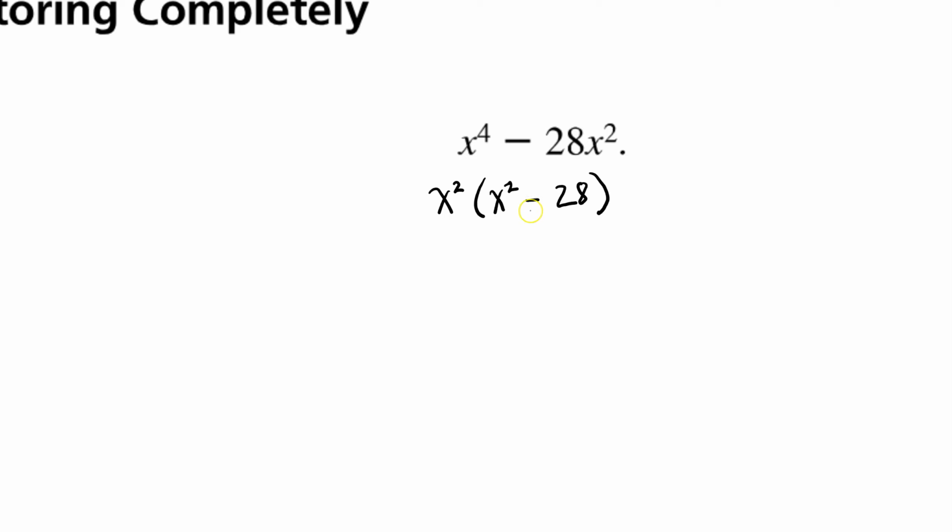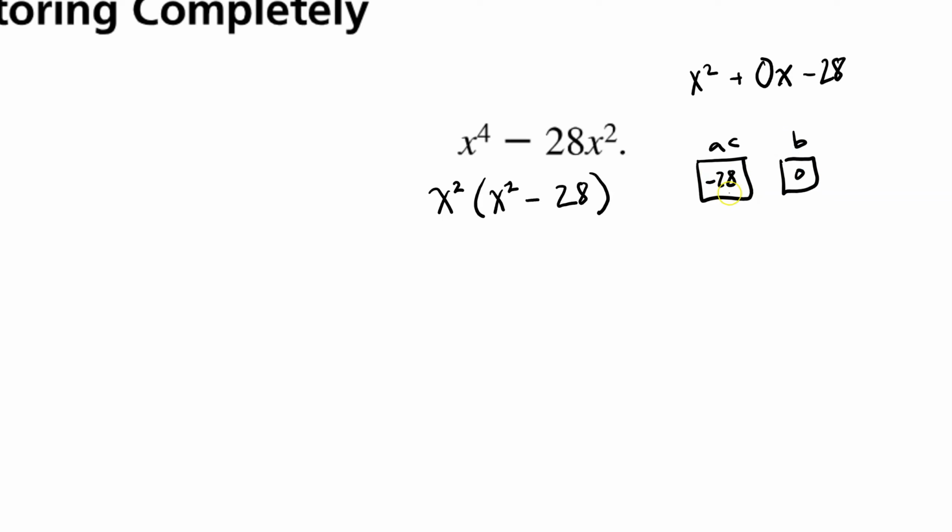I might be able to say, well, what would the middle term be if this were a quadratic ax squared plus bx plus c? And there's no middle term that I can see, so I might write it as x squared plus 0x minus 28 and say my AC value would be negative 28 and my B value would be 0.